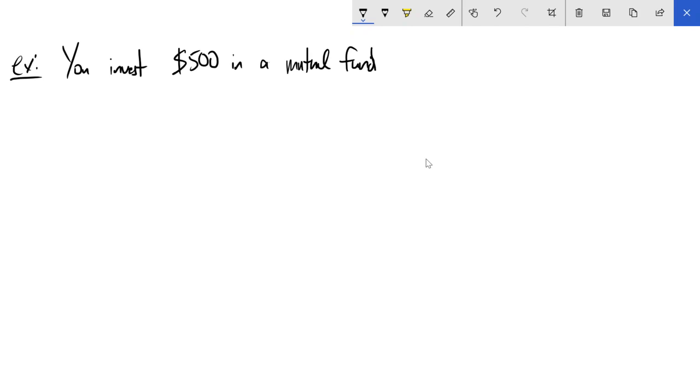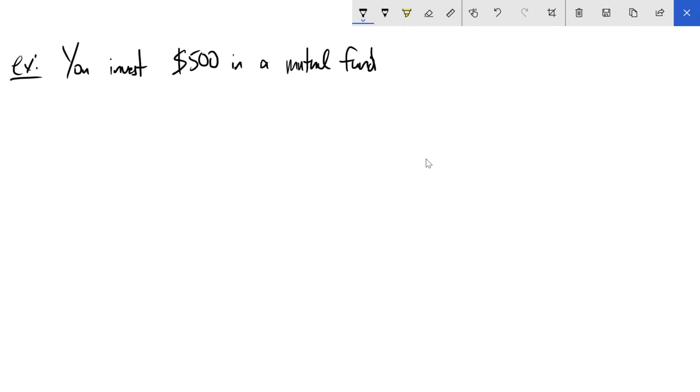If you ever end up getting a job that has a retirement plan, typically most people invest money in what are called mutual funds, which are big pools of money that some investment bank manages. So you just put $500 into the pool, and anytime that mutual fund makes money, you get paid the same percentage that they make. It's lots of people's money pooled together so that they can invest in big funds.